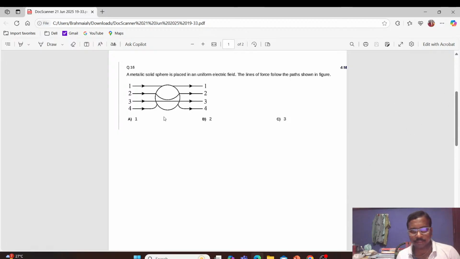So this is a metallic solid sphere placed in... is it visible to you or not? If you say it is not visible, I will zoom it.